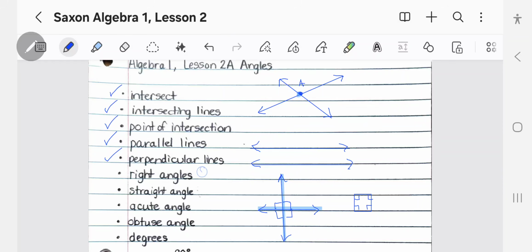Now we just talked about right angles. Those are going to be 90-degree angles. Okay, and we saw that there were 4 of them here in these perpendicular lines that are intersecting. And then a straight angle is if you take 2 of those 90-degree angles. I'm going to erase this, and I'm going to draw here.